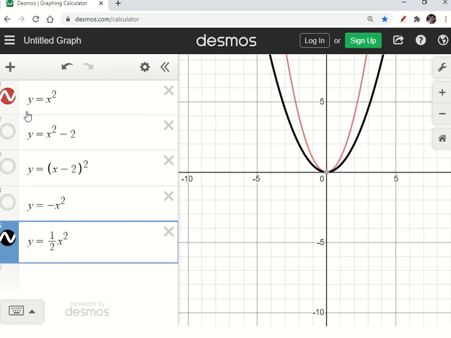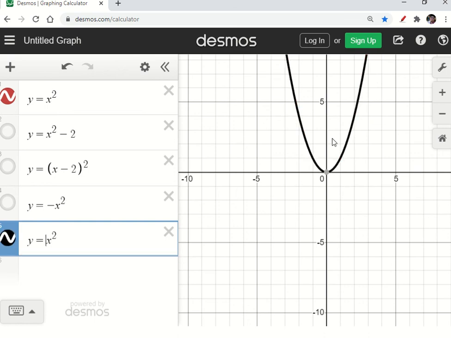So in this case we have plus, minus, multiplying by a value greater than 1 or less than 1, and we can see the transformation on the graph.